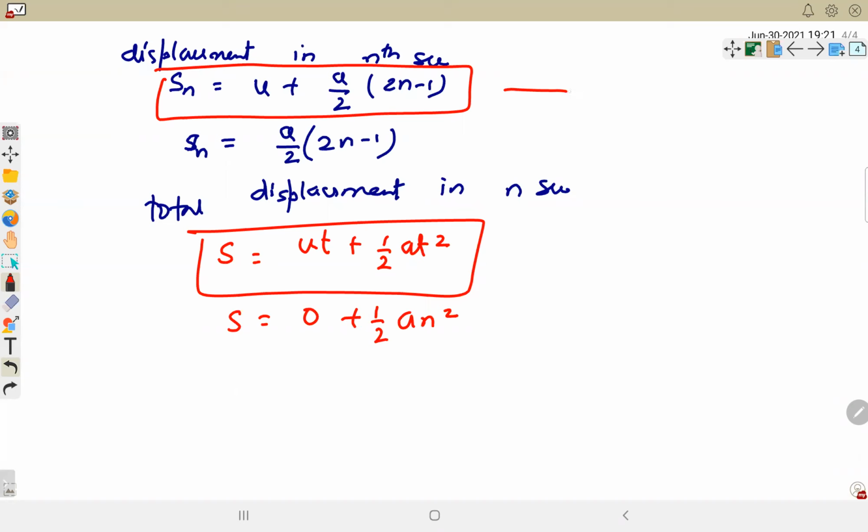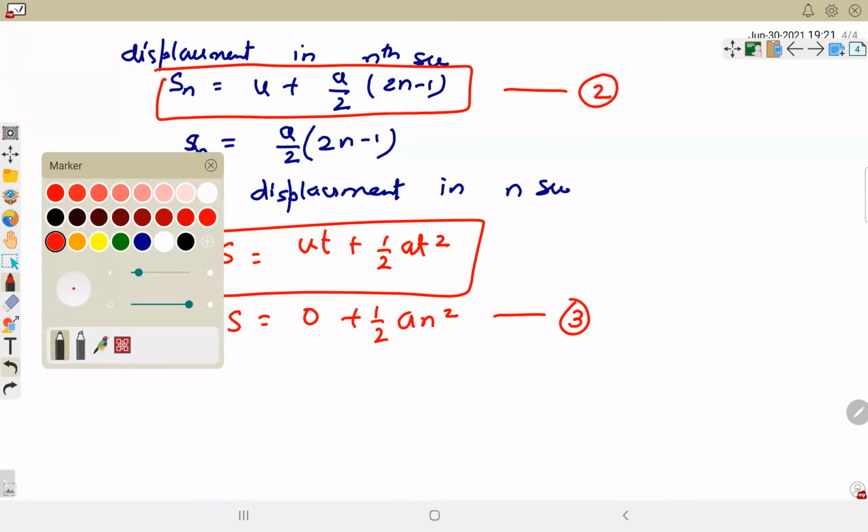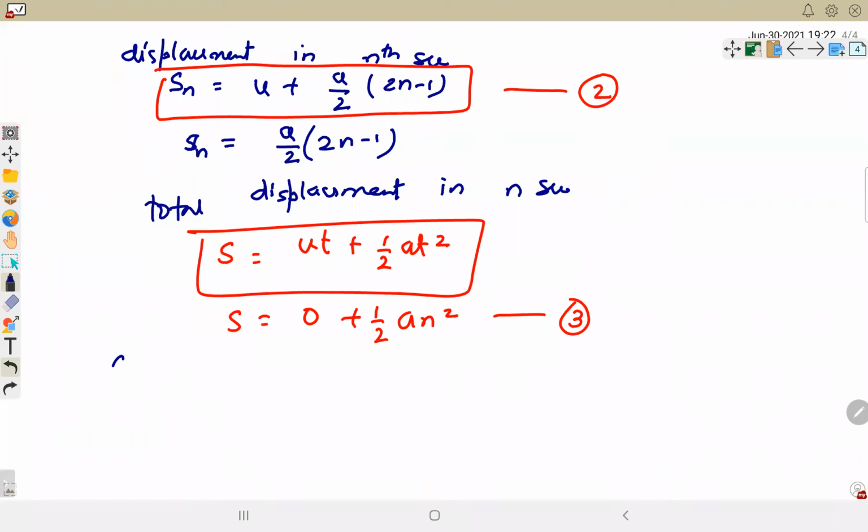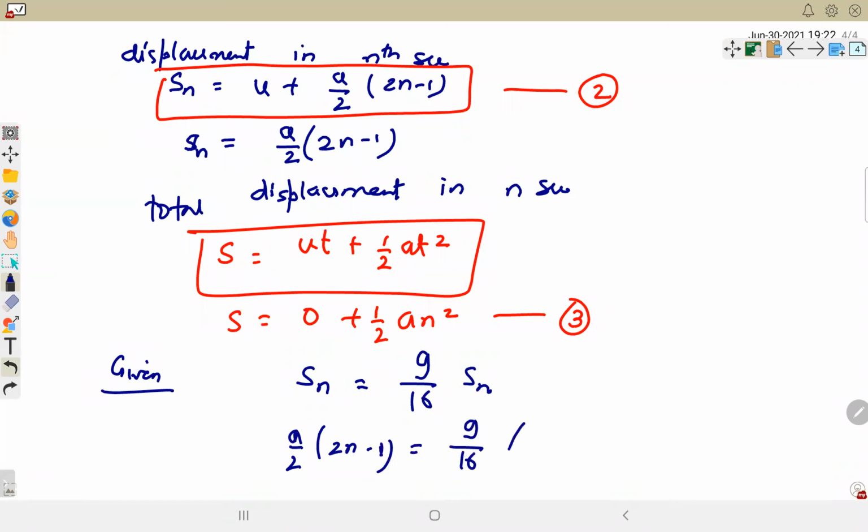Now we can substitute this value of displacement covered in the nth second and displacement covered in n seconds. In the question, it's given the nth second displacement is 9 by 16 times total displacement. So half a times 2n minus 1 is equal to 9 by 16 times half a into n square.